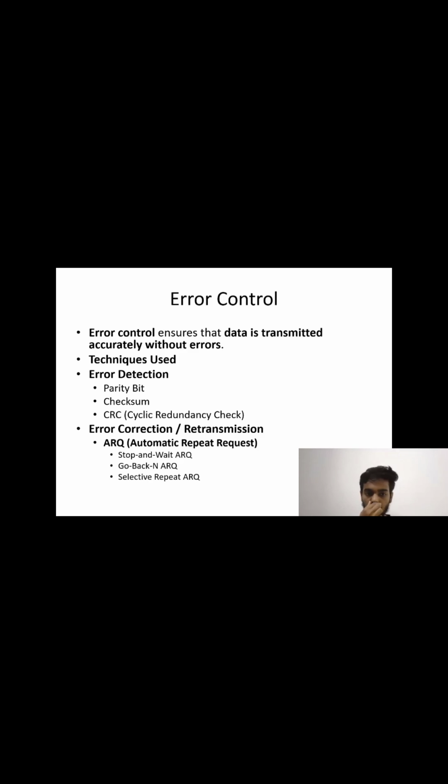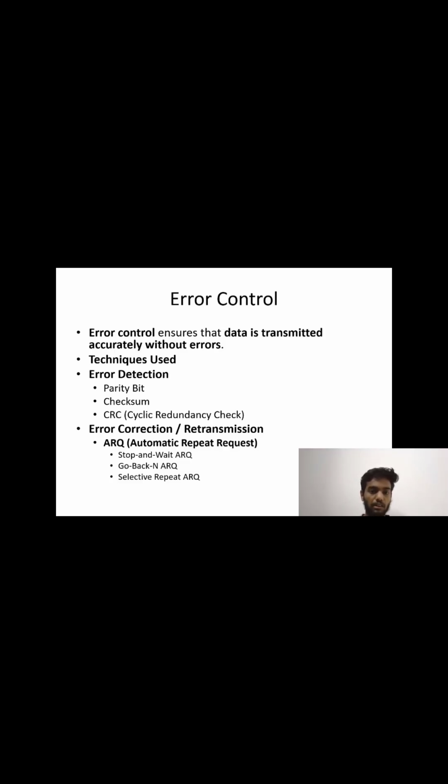Next is error control. Error control ensures that data is transmitted accurately without errors. Basically, the data being transmitted should not contain any error, and while being received by the receiver it should not have any error. The techniques used are error detection and error correction. For error detection we have parity bit, checksum, and cyclic redundancy check, which is CRC.